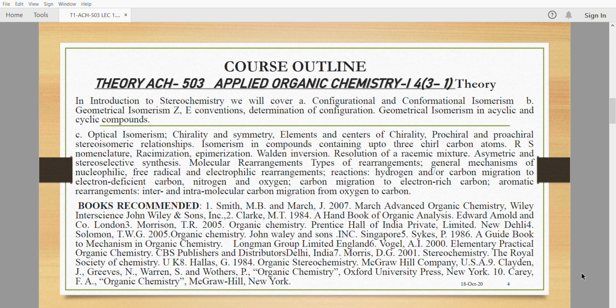So I will clear all these isomerism concepts to you, inshallah.